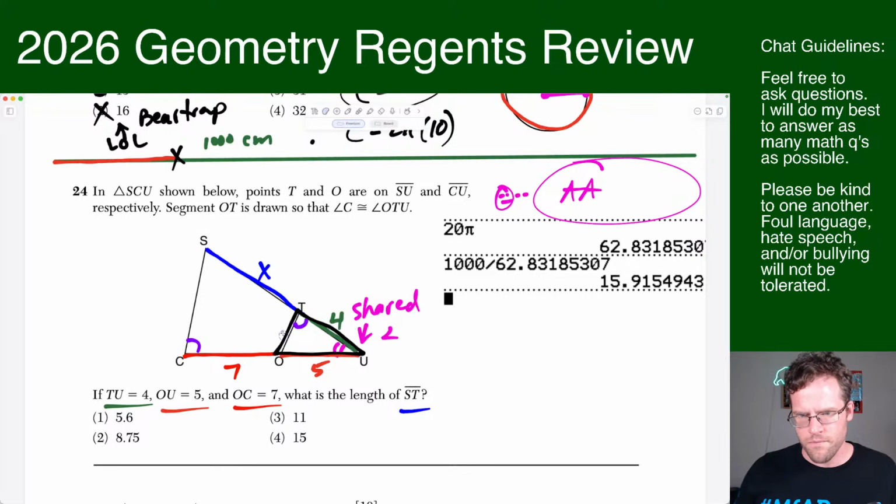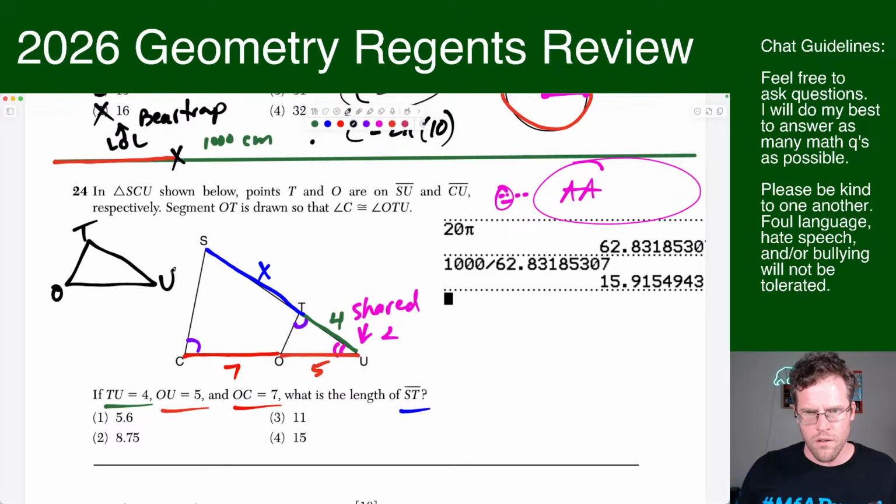So that is triangle OTU. However, when I redraw the bigger triangle, I write the letters in corresponding order. So you see O is the one that is unlabeled. So that would correspond to S. T and O are congruent.